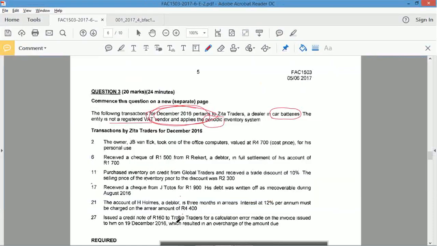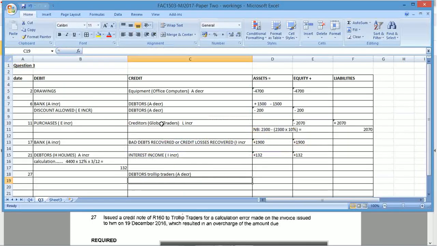I didn't identify the debtors for number 6. Number 6 was who? Rickett. Okay, I just need to put that name there. So debtors, Rickett, debtors, Trollop, debtors, whoever. You need to identify them. Right, what am I doing? I'm giving them a credit note because it was an overcharge.